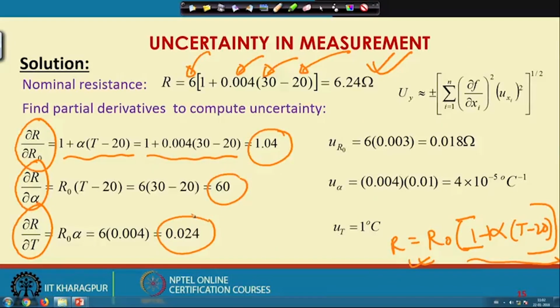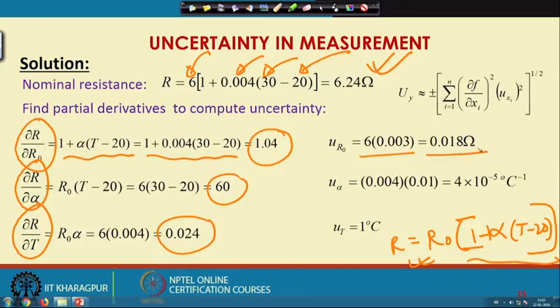Uncertainty in R0 is given as plus minus 3%. So, 0.003 of 6, which is the nominal resistance. So, it was given as 6 plus minus 0.3%. So, this value is 0.018 ohm.